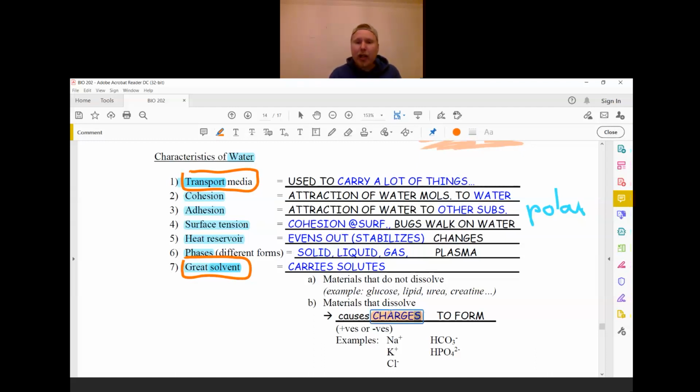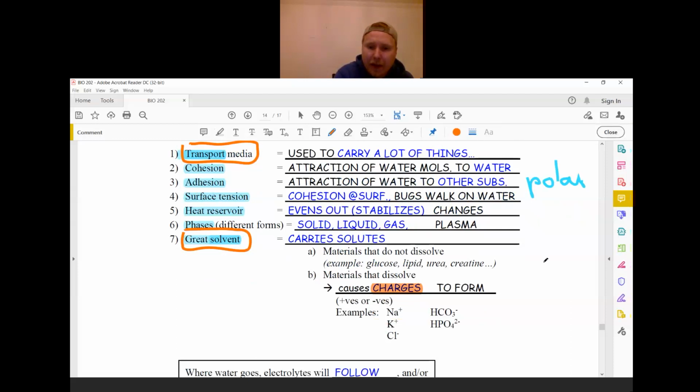And these charges are often indicated as such as here as either positive or negative that result from these things dissolving. And those affect the behavior of these materials.